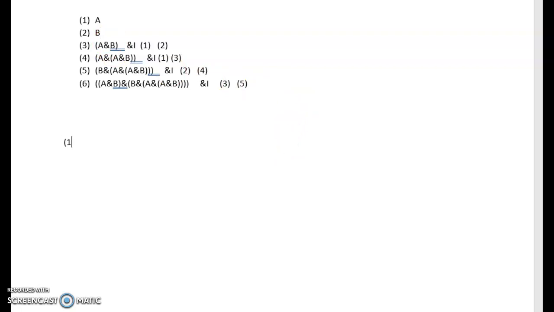Now I just want to quickly do it the other way. As well as conjunction introduction, we also have conjunction elimination, which is exactly what it sounds like. Take a conjunction, say A and B, and you take away the conjunction. And that would be line 1.